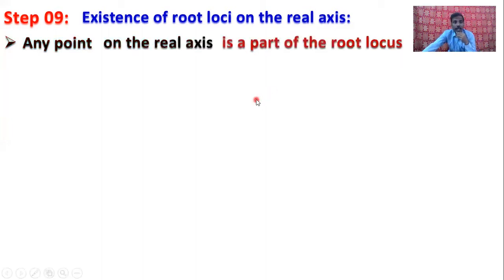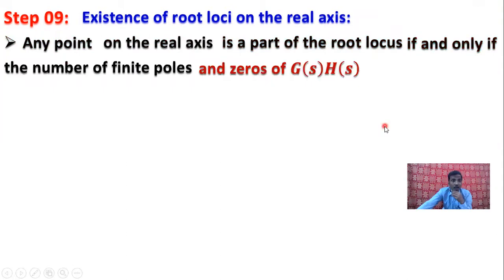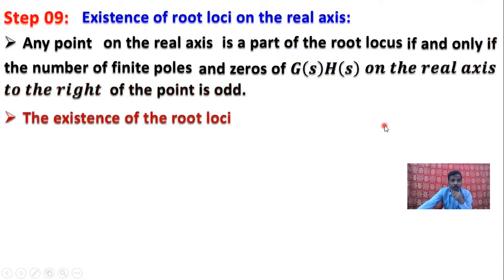Any point on the real axis is a part of the root locus if and only if the number of finite poles and zeros of G(s)H(s) on the real axis to the right of the point is odd. This is a very, very important part.